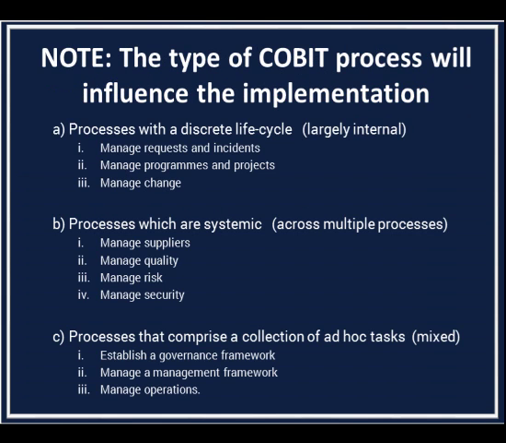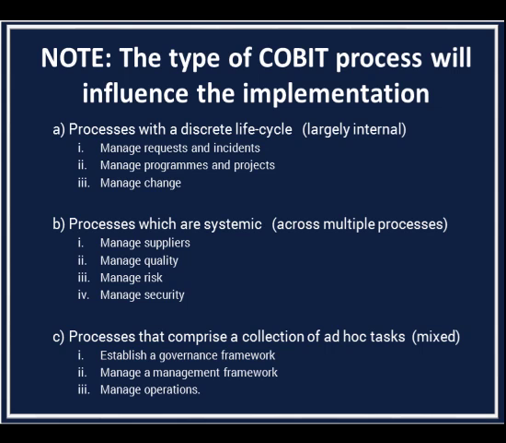Note the type of COBIT process will influence the implementation. Processes with a discrete life cycle are largely focused internally, for example, managing requests and incidents, or manage programs and projects, or manage change. Some processes are systemic.